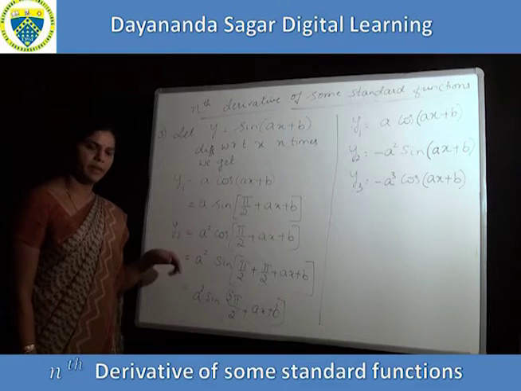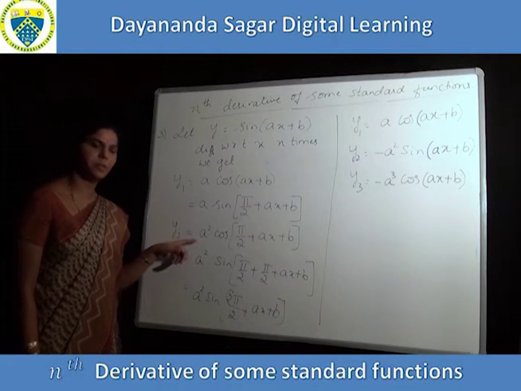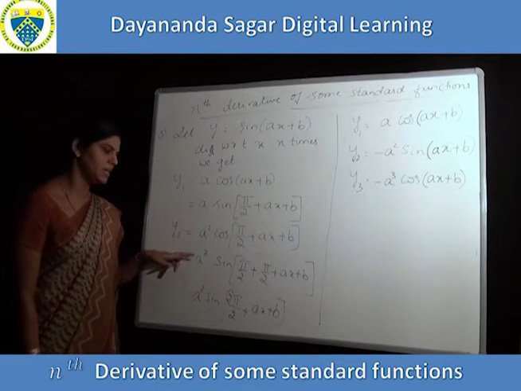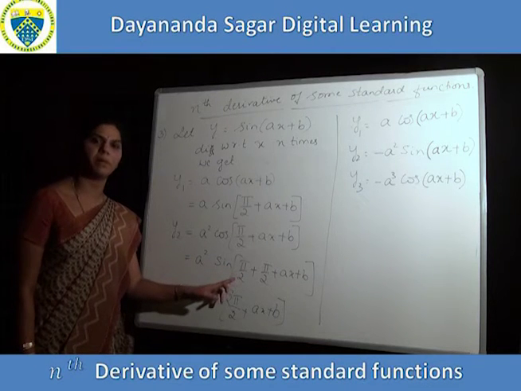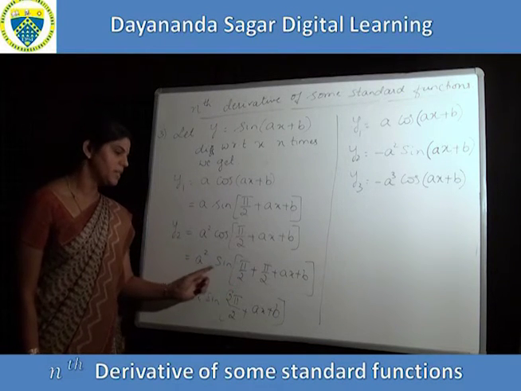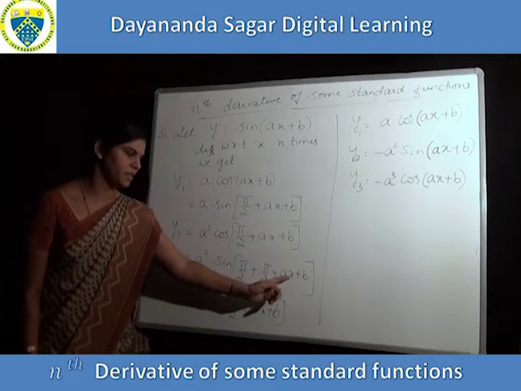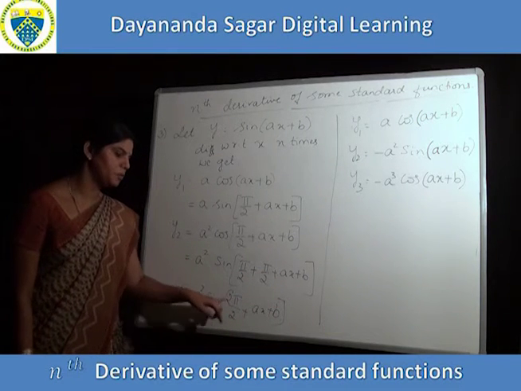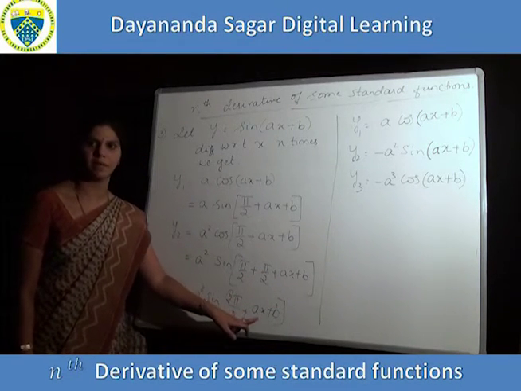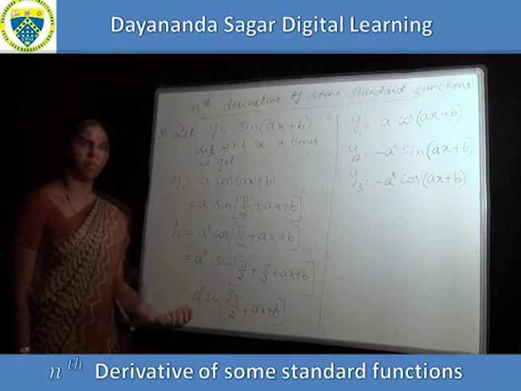Then once again I'll write this y2 in terms of the given sine function, just by adding the angle pi by 2. So I'll get a square sine of pi by 2 plus pi by 2 plus ax plus b, which is a square sine of 2 pi by 2 plus ax plus b. This is the second order derivative.